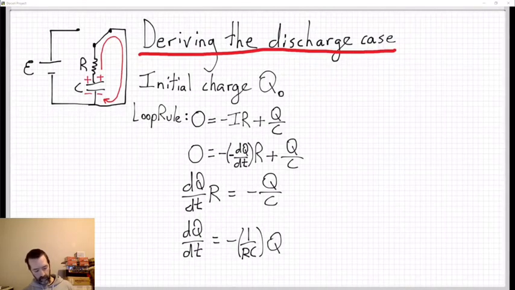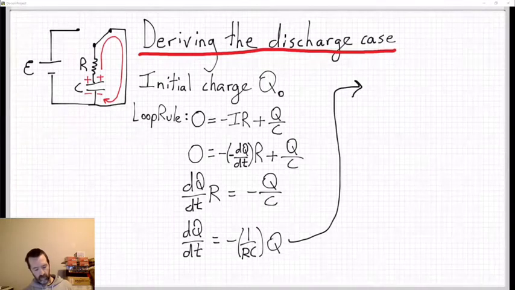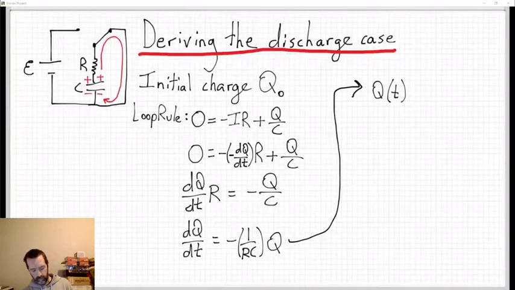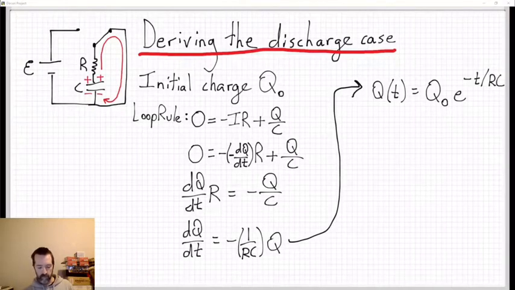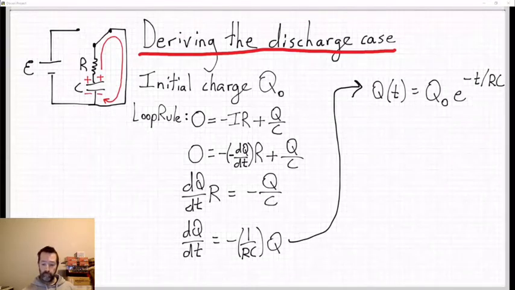So I can tell from this q of t has to be q naught times e to the negative t over rc. That function satisfies the differential equation that I found. So q naught is just the initial value.